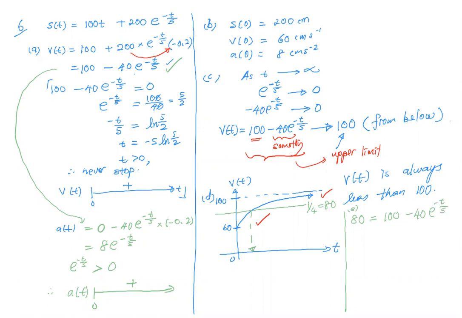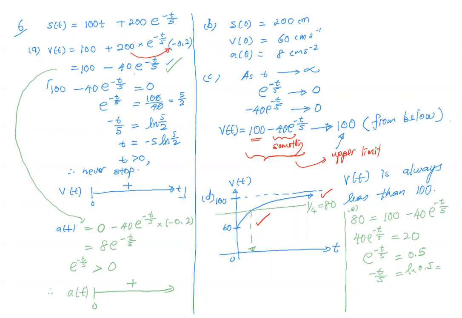So 40 e to the power negative t over 5 is equal to 20. So e to the power negative t over 5 is equal to 0.5. So negative t over 5 equals ln 0.5.